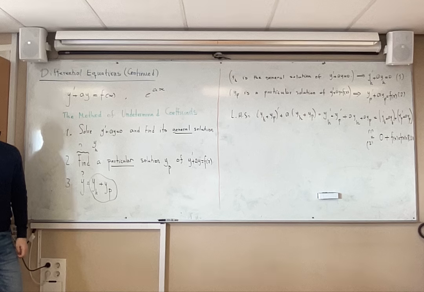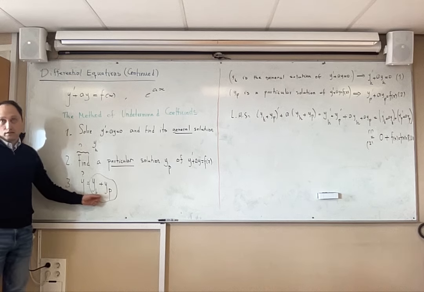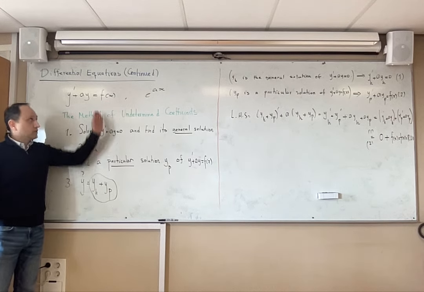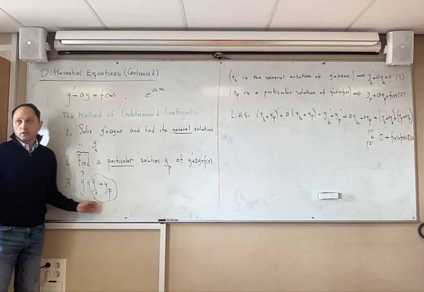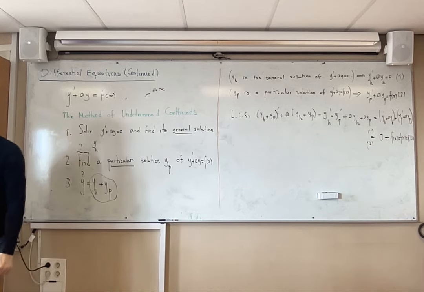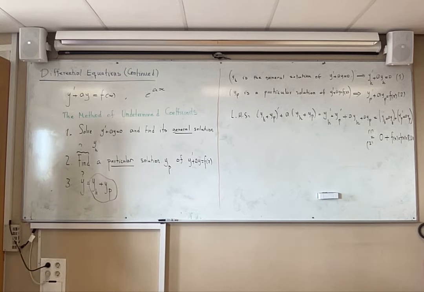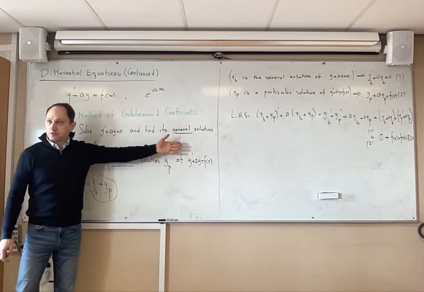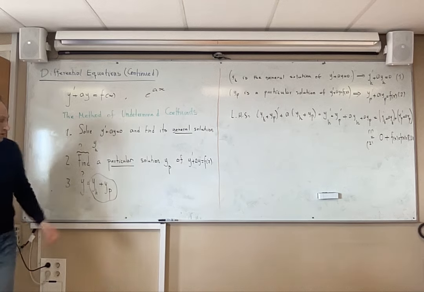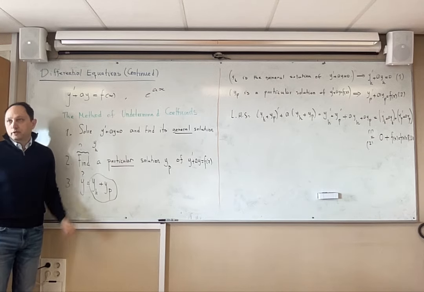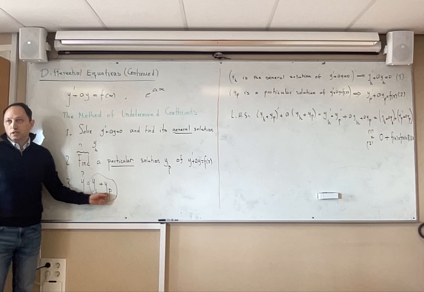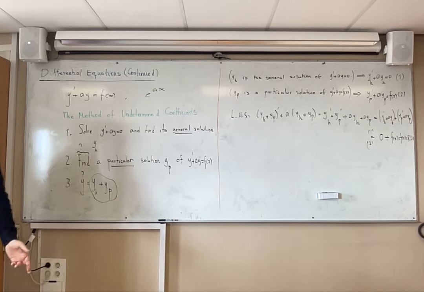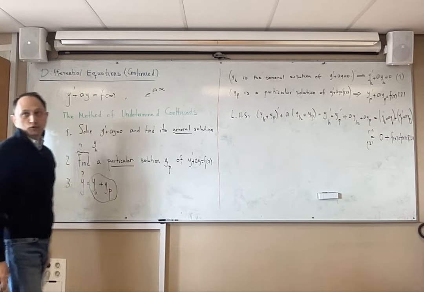Because in yh there's only one. Yeah, because yh was the general solution. Based on the definition of the general solution, it contains one free parameter. yp is a particular solution, no free parameters at all. And when I have this combination, what happens? Then I will have one single free parameter. That's the proof why the algorithm works.